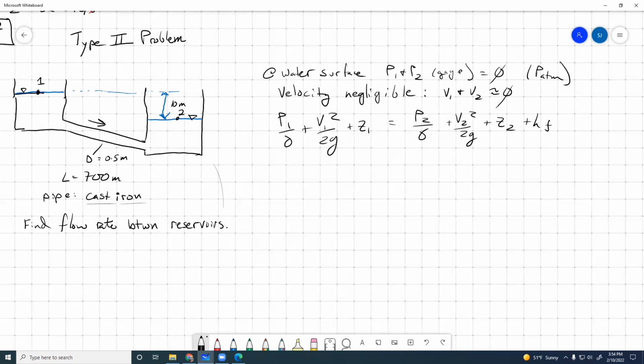We already said that we can cross out our pressure terms and cross out the velocity terms. And so what we end up with is delta Z is equal to the head loss. If there were no head loss, then the two water surfaces would be equal, but we do have head loss, so therefore they're not.